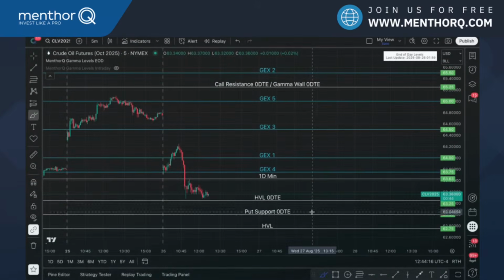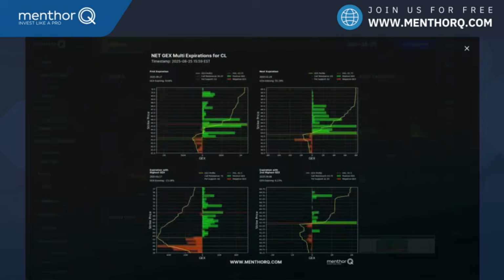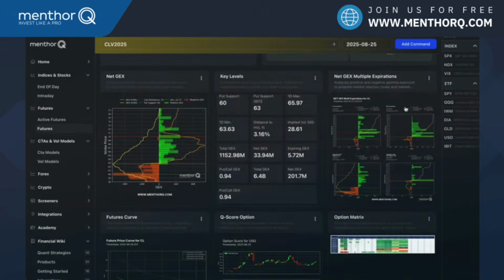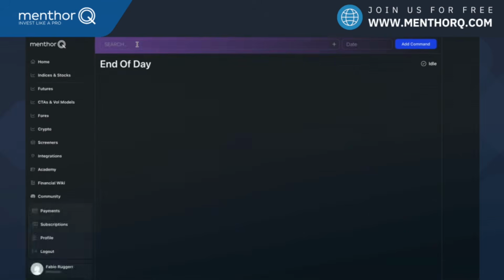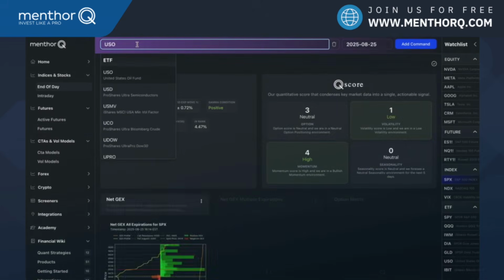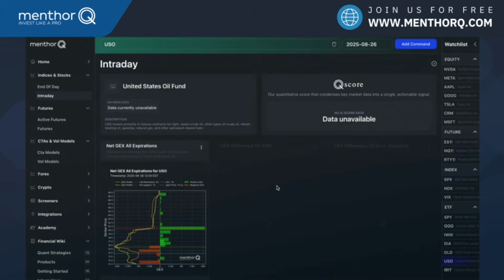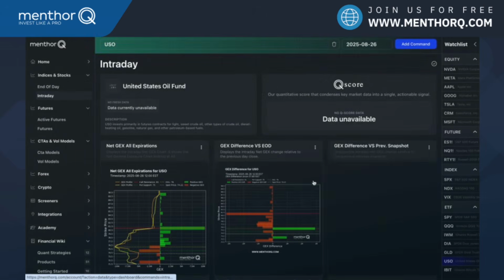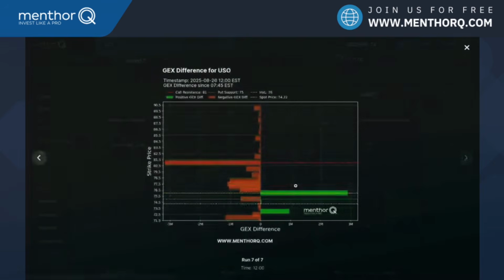And then do you have the changes like you do on the equities hour by hour? Not on the futures, but we can look at it on the ETF side. So for crude, we can look at USO. Yeah, and you can see the same snapshot here.